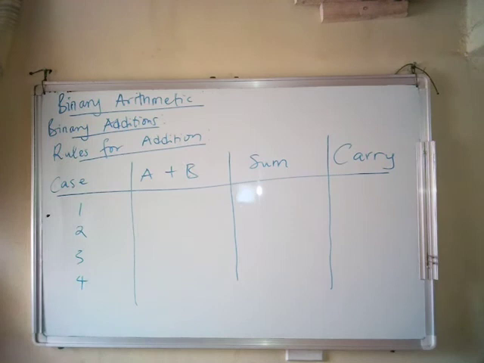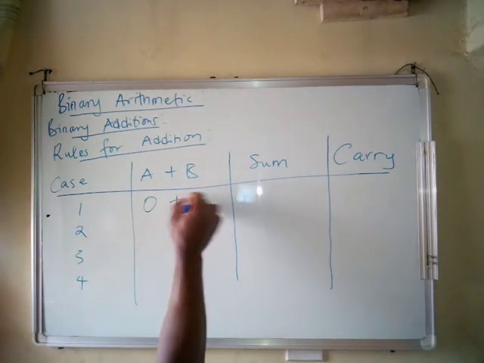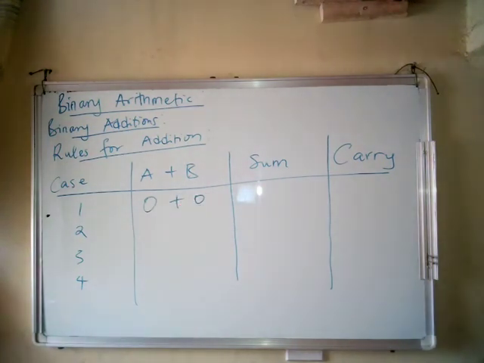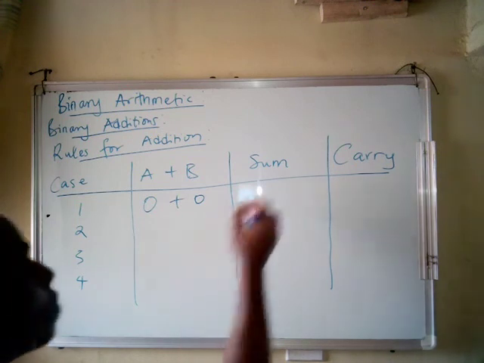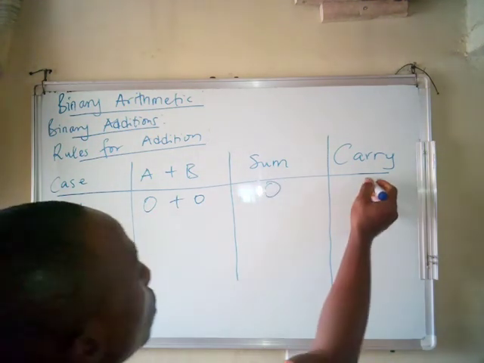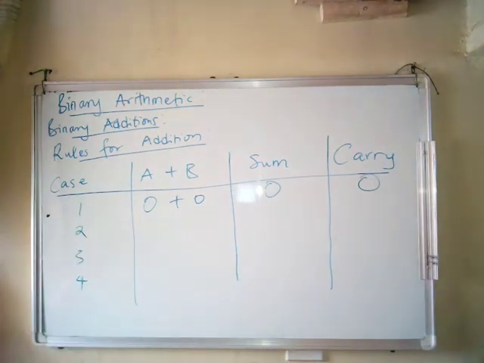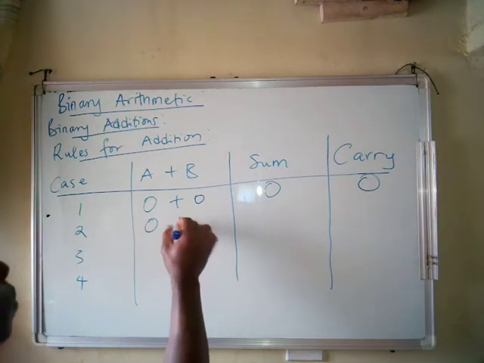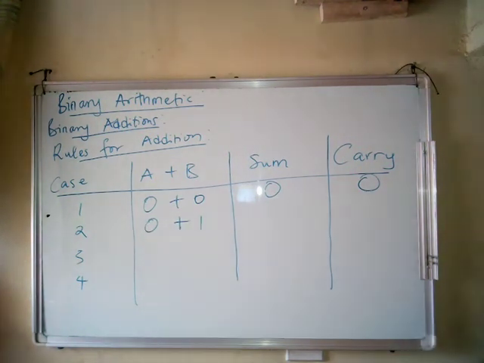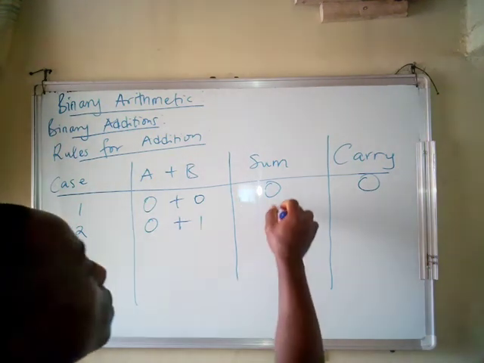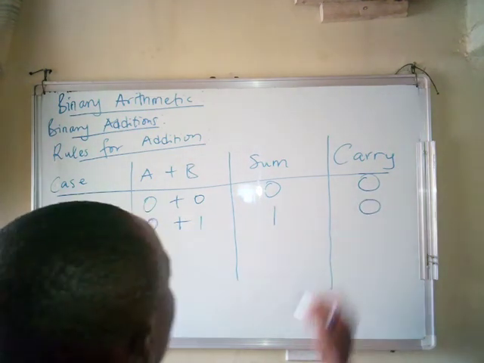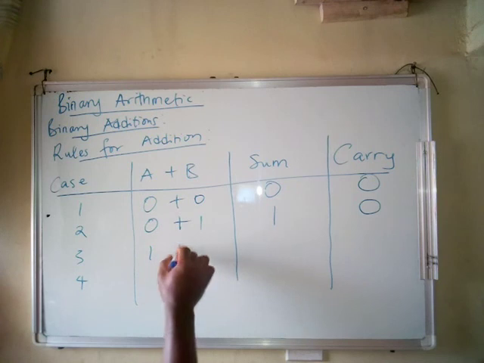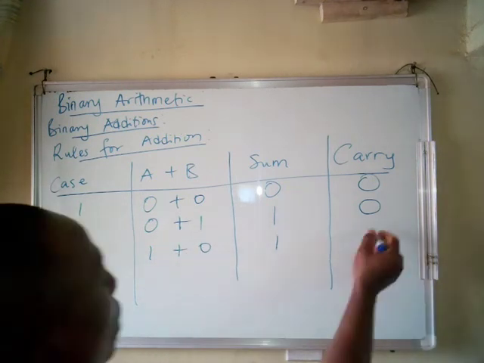In the case that you add 0 plus 0, what is the sum? The sum is 0. You don't carry anything. But in the case you add 0 plus 1, what is the sum? The sum is 1, and you don't carry anything. In the case you have 1 plus 0, the sum is 1, you don't carry anything.